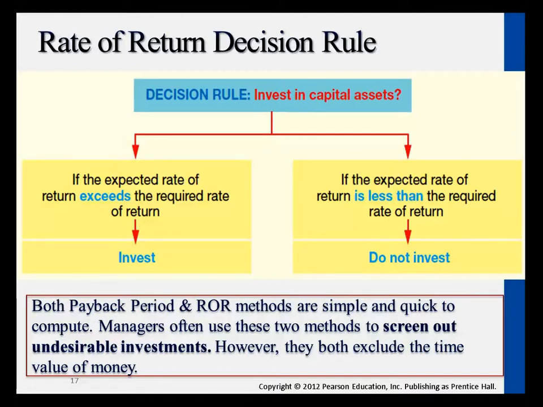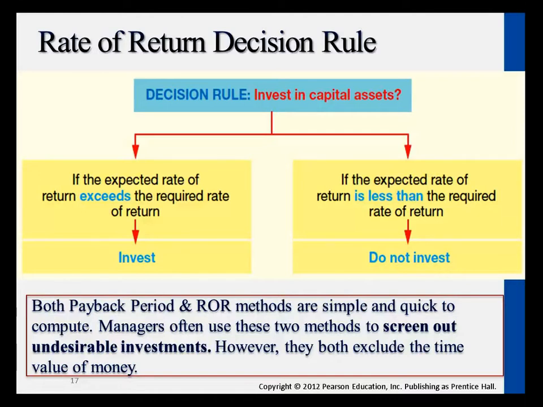All right, so before we do the exercises, let me just remind you that both our payback period and rate of return methods are simple, okay? They're not that difficult to calculate. They're usually the first tool that managers are going to use to decide for or reject a certain investment, okay?